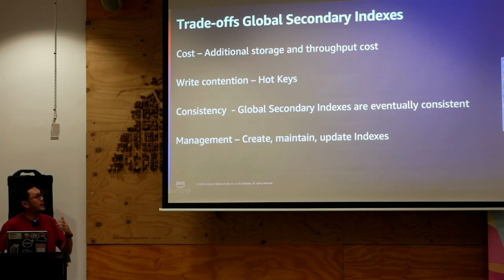And if you don't choose the primary key properly, you have the same write contention. And then consistency: GSI is eventually consistent, so it takes time, milliseconds, before they get replicated. And then management: you have to create, maintain and update your indexes.